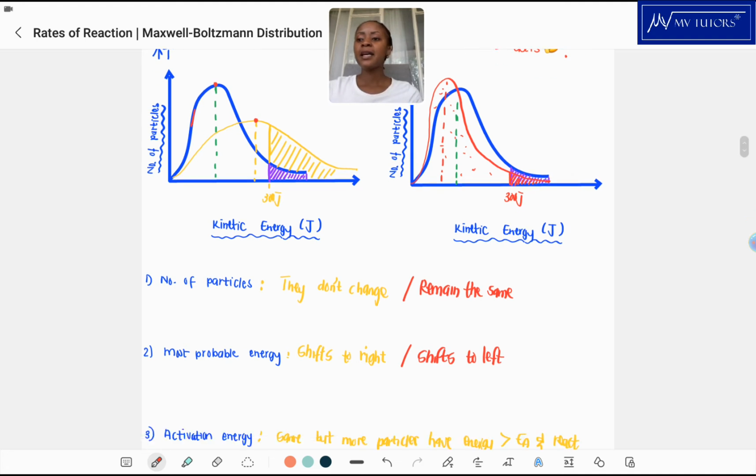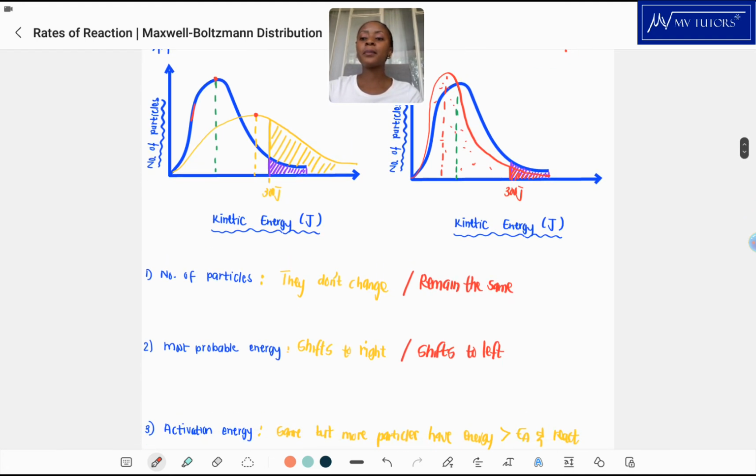Okay, and then remember also, if this most probable energy shifts to the left, it just shows you as well that the number of particles that do not react have actually increased. If it has shifted to the right, it means that the number of particles that do not react or don't have energy higher than the activation energy, they have actually increased. No, they have decreased. Those particles that do not react, they have decreased, but the particles that do react have increased.